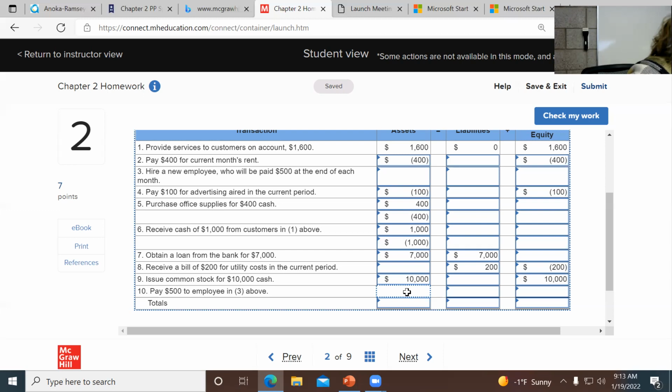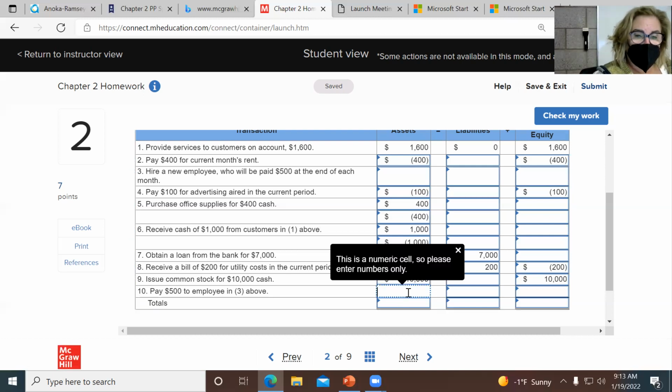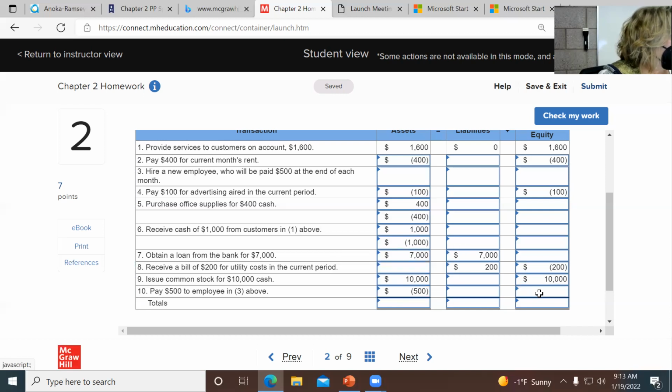I always think, is cash involved? If cash is involved, I've got half of it figured out. And if cash is involved, does it go up or down? So when we pay a salary, cash is involved, it goes down. Okay? It goes down 500. And our salaries expense is part of stockholders' equity. That's also gonna go down $500.